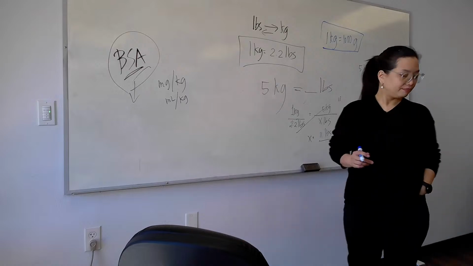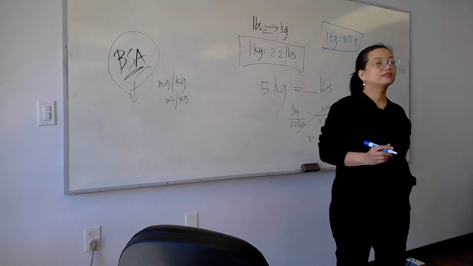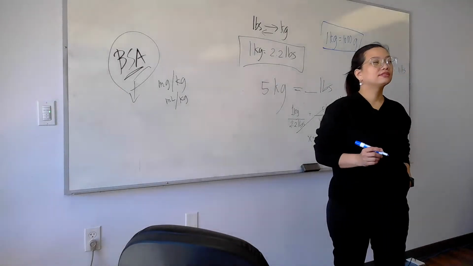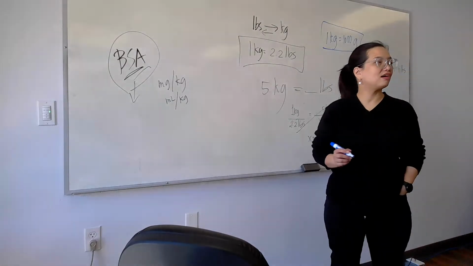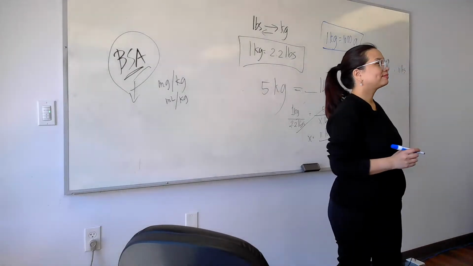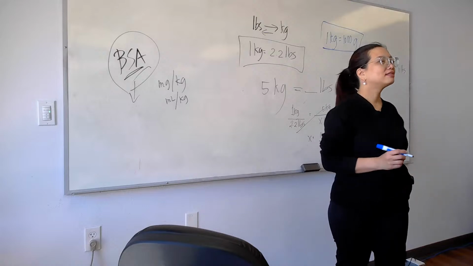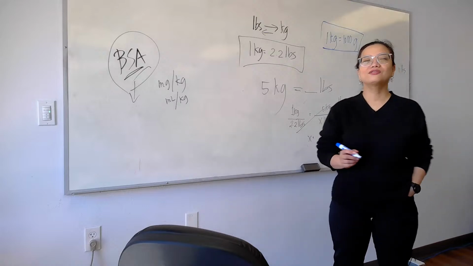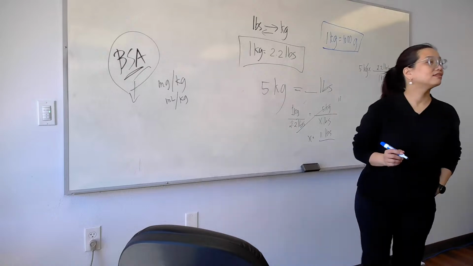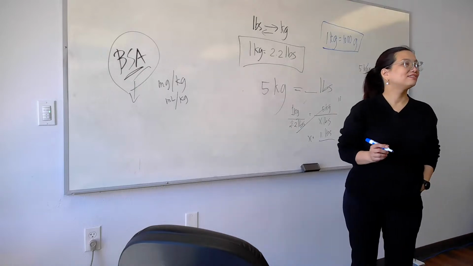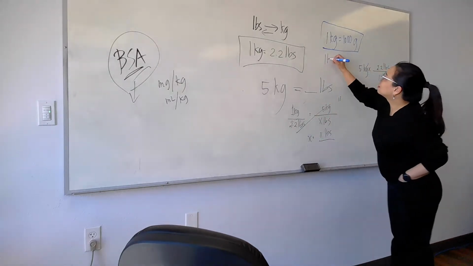It says math pharmacy sheet on top. What's the conversion? Okay, 1 pound equals 454 grams. There you go.